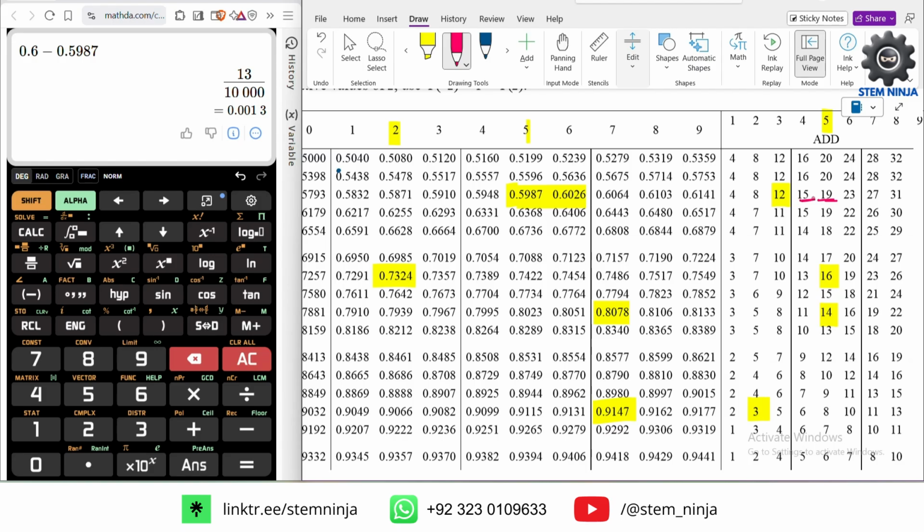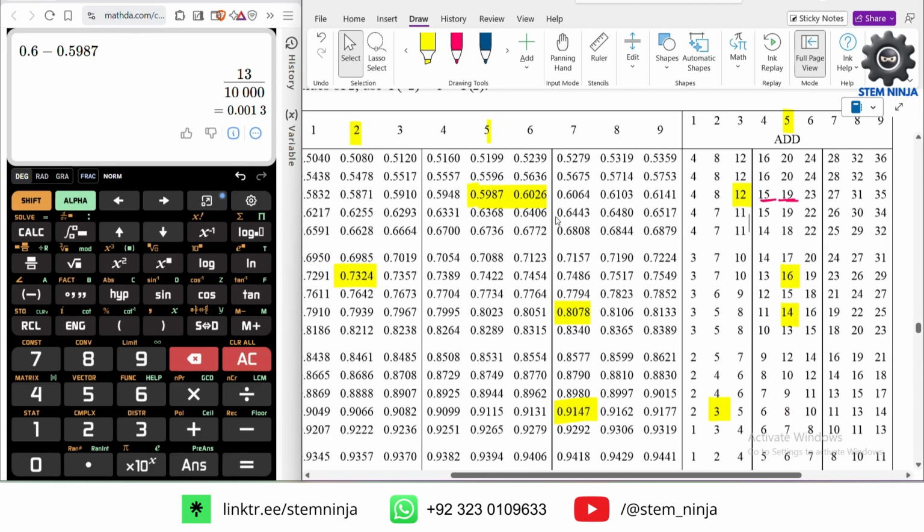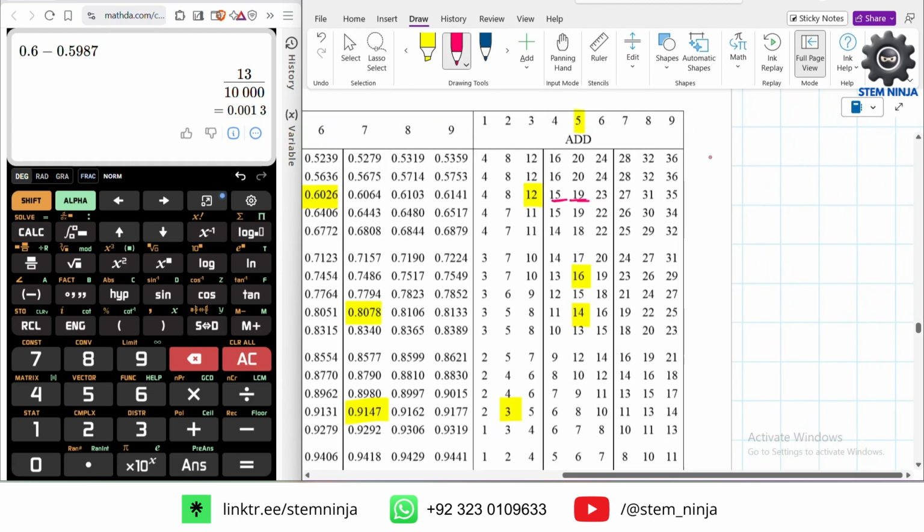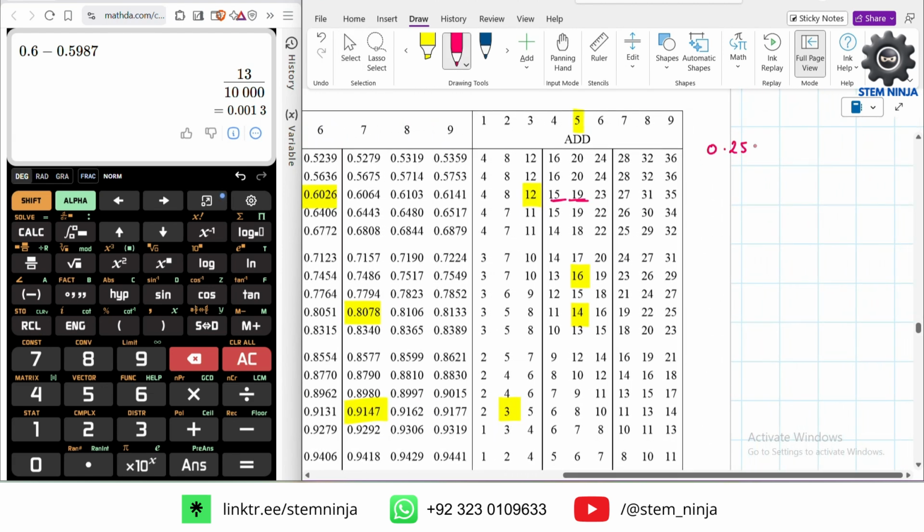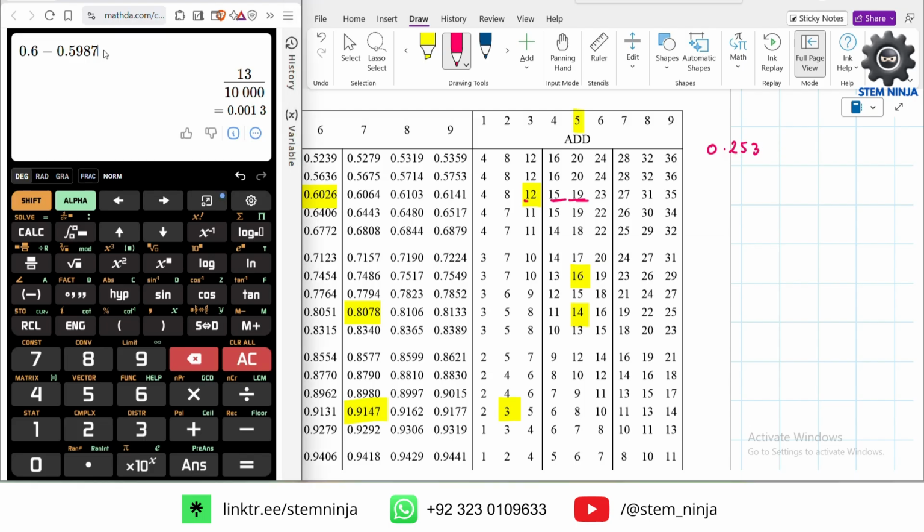Between 0.253. Okay, wait. 0.25. Sorry, what am I doing? 253. It's going to be 0.112. So basically you have a difference of 0.001.